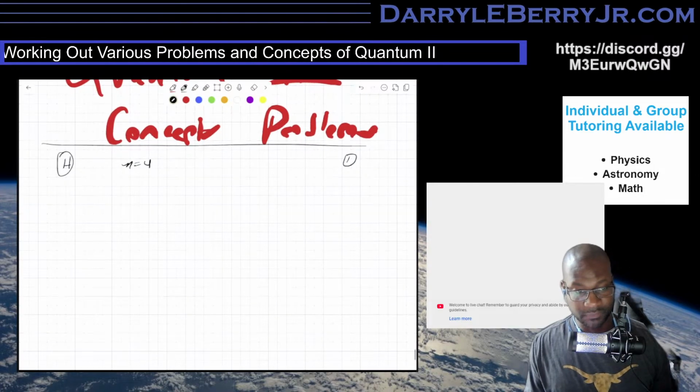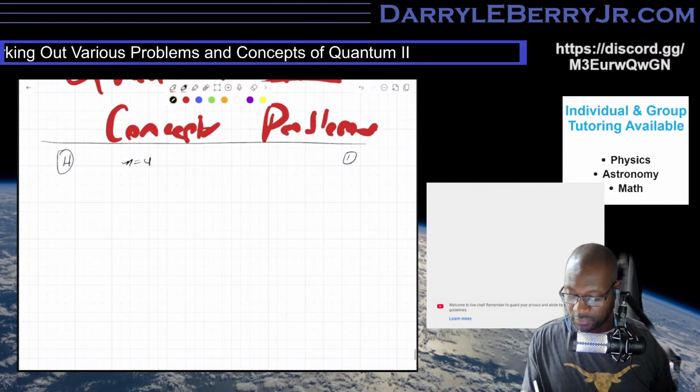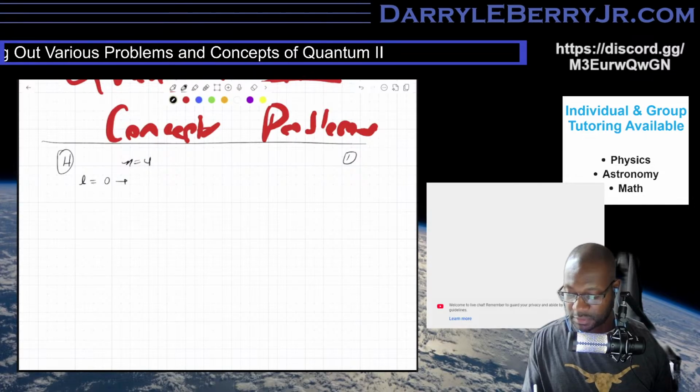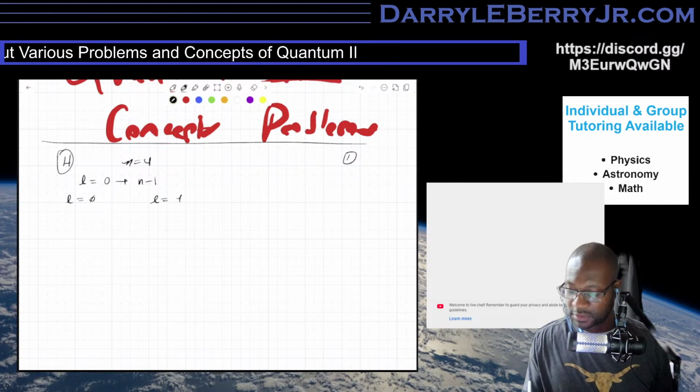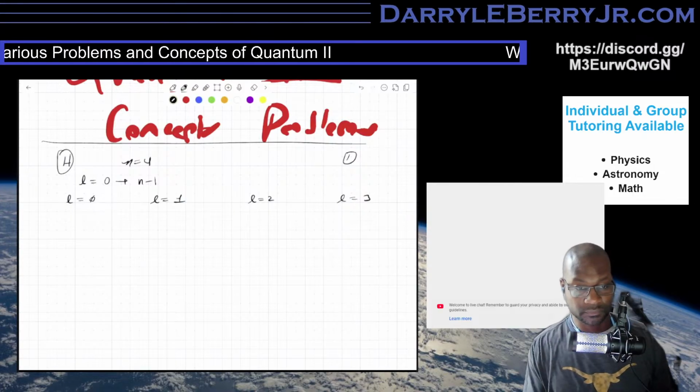Actually, let me see if I can work it out. So if N equals 4, L equals 0 to N minus 1. So L equals 0, L equals 1, L equals 2, and L equals 3.